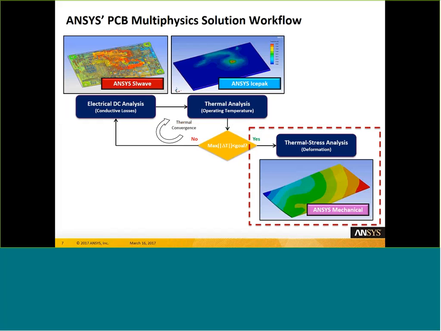And this will give you deformations in the board based on thermal gradients. So this is ANSYS's PCB multi-physics solution workflow, and it's very well established at this point. There's additional information on this workflow. There's an abundant amount of information on ANSYS's website, in the customer portal or under knowledge resources.